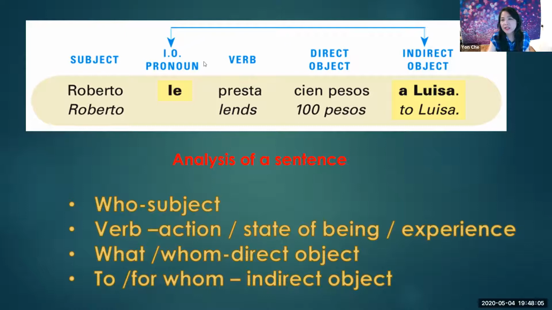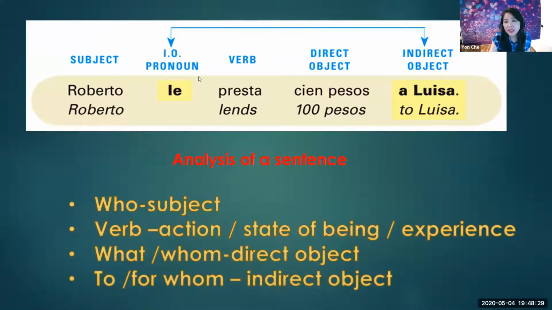Now you may ask, then what is le? Well, this is the trace of Luisa. It is the indirect object pronoun. And as you all know, what pronouns do is they take the place of nouns. So le is what? A shadow, I would say, a shadow of Luisa.